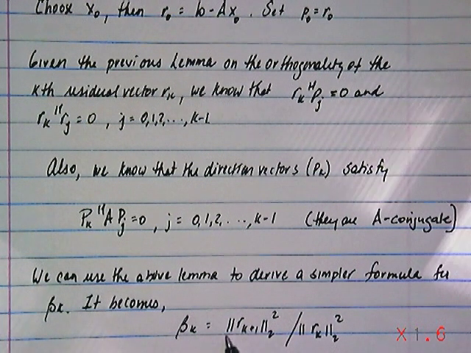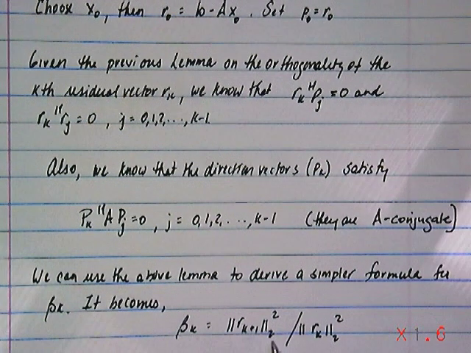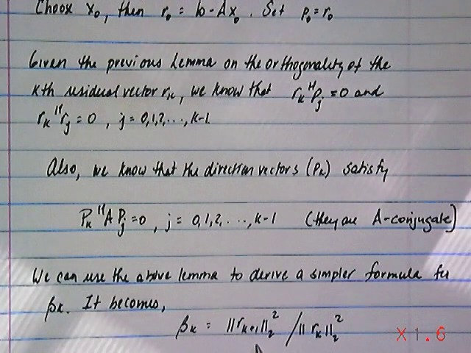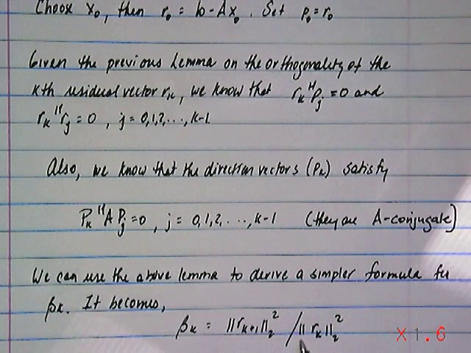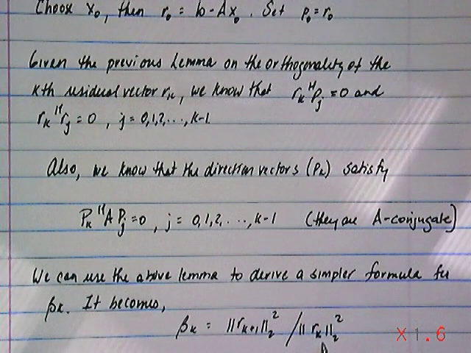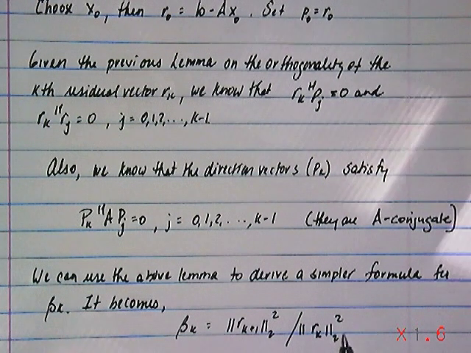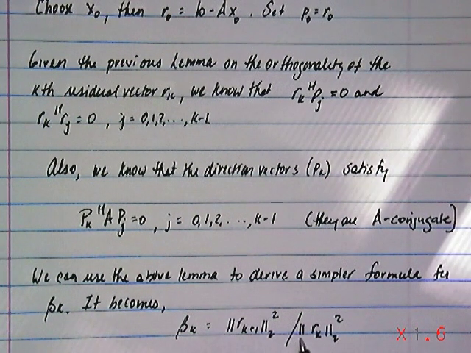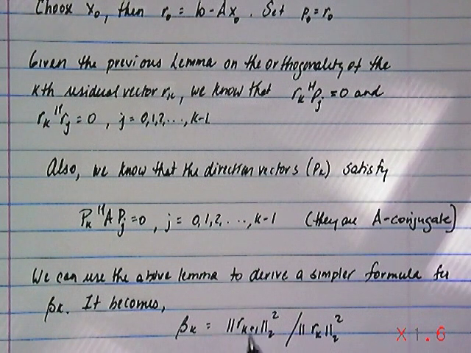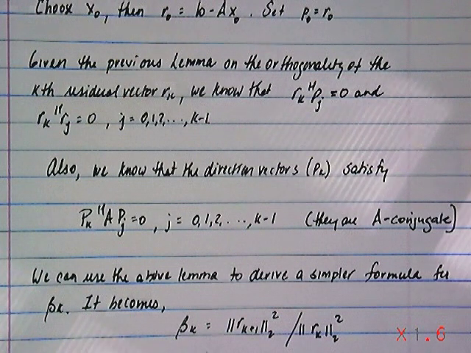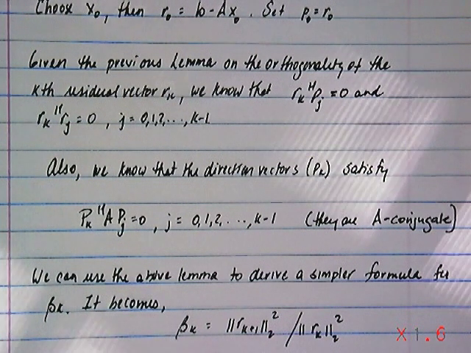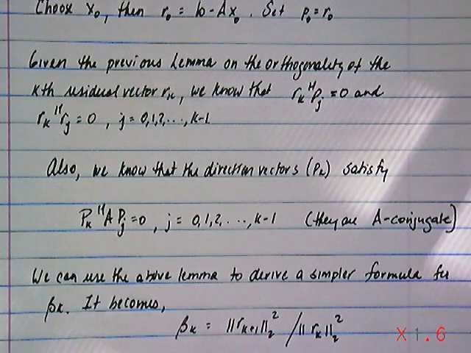In fact, you can show that beta_k is this simple ratio, where all you need to do is take the 2-norm squared of the updated residual and of the previous one, r_k. So just those ratios of norms of your residual vectors is a very simple way of producing that beta_k parameter that you need.